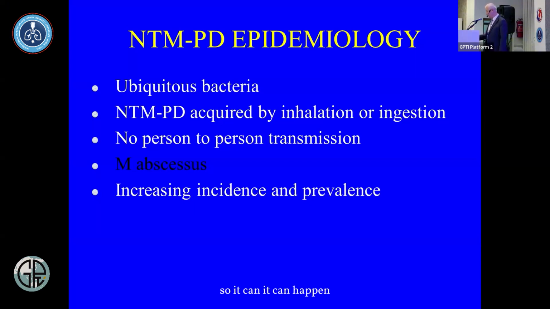So it can happen, and it's very important to isolate those patients, not mix them together, because it's easily transmissible, even if the sputum sample is negative. I mean, a direct sputum sample. So there is increasing incidence and prevalence of mycobacteria all over the world.